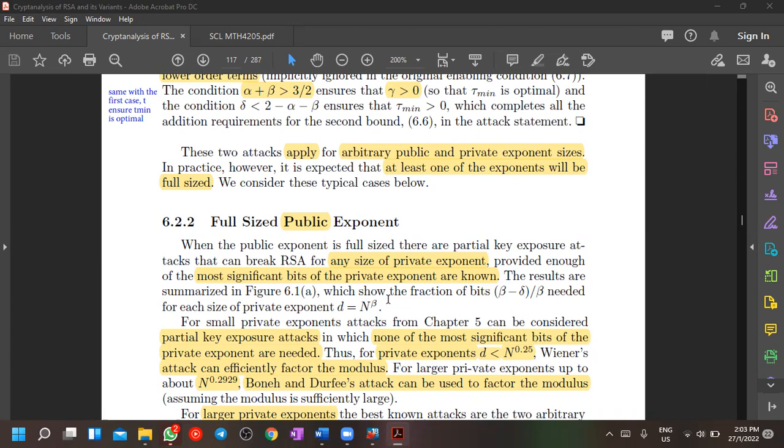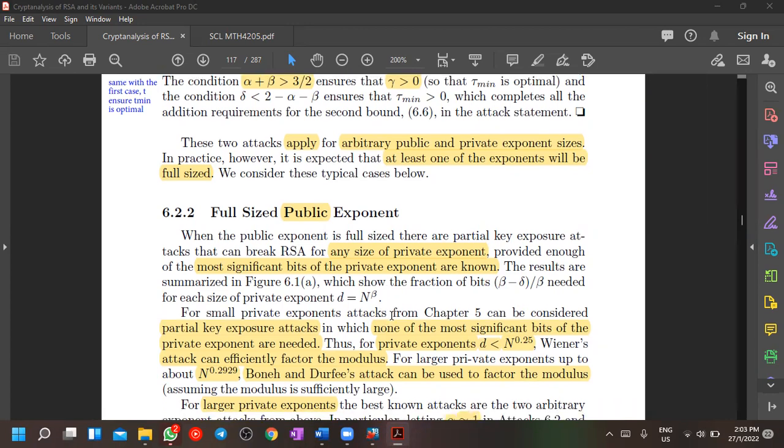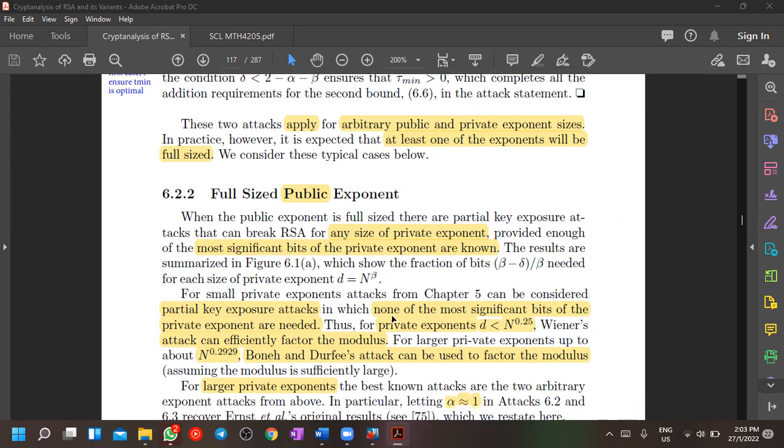Thus, for private exponent d less than n to the power of 0.25, Wiener's attack can efficiently factor the modulus. For larger private exponents up to about n to the power of 0.2929, Boneh and Durfee's attack can be used to factor the modulus as well.